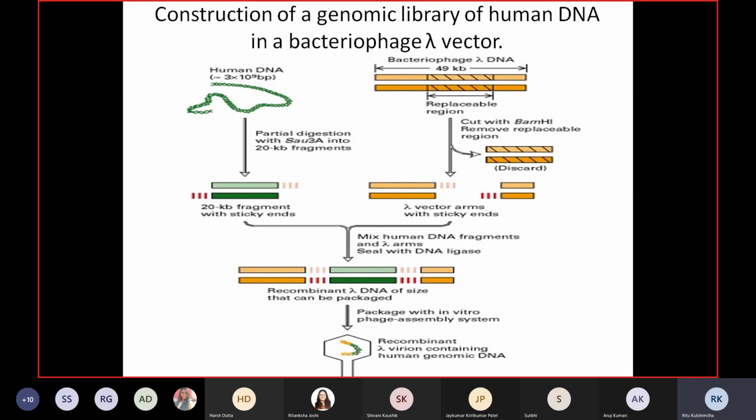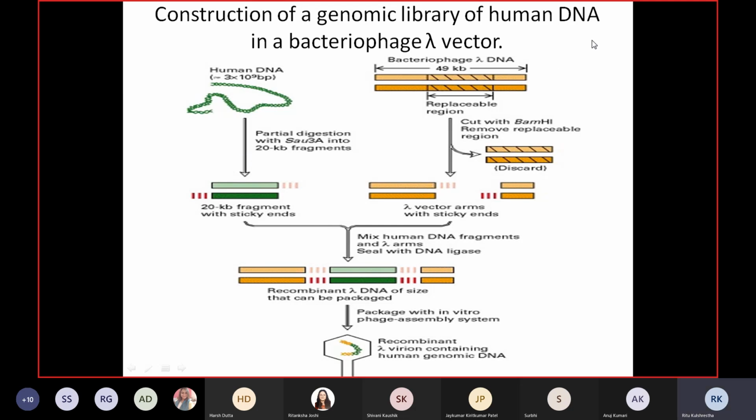You will cut the DNA of the organism that you are interested in with a restriction enzyme. In this case, a 4-base pair cutter, Sau3A1, has been used. So your DNA has been randomly digested into around 20 kb fragments.